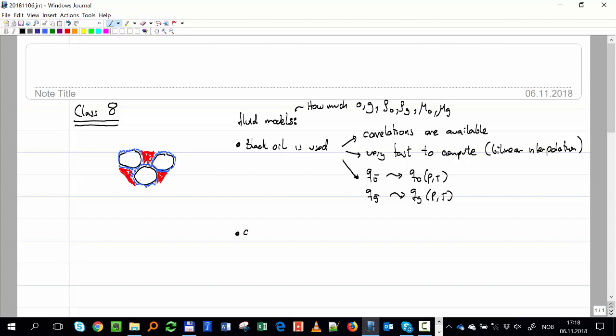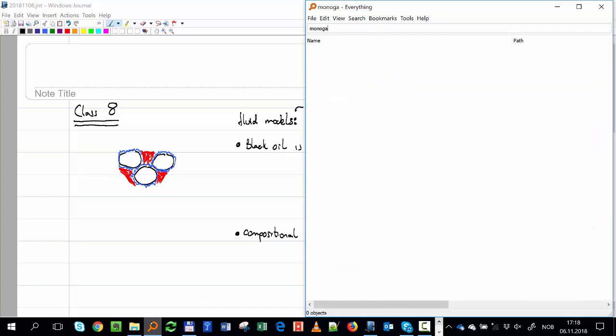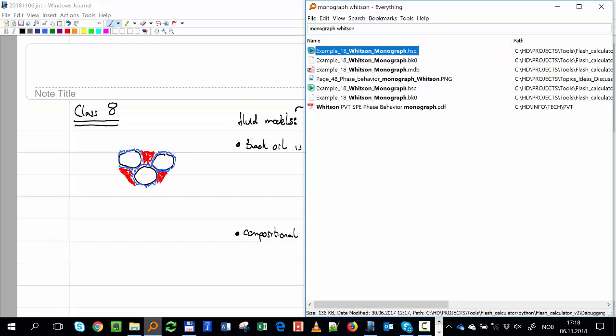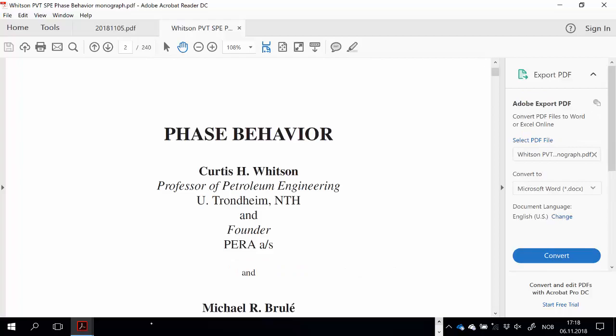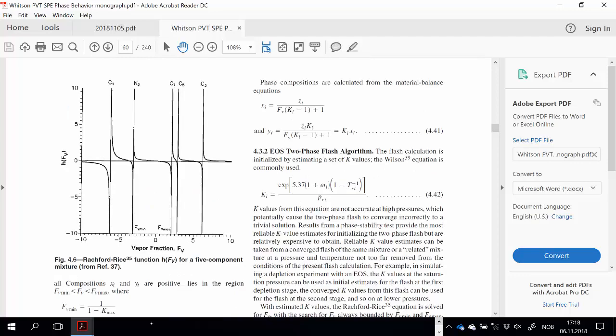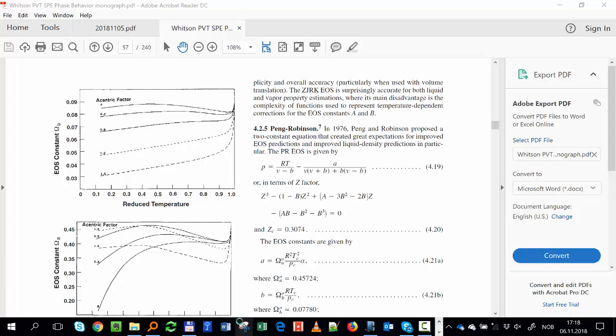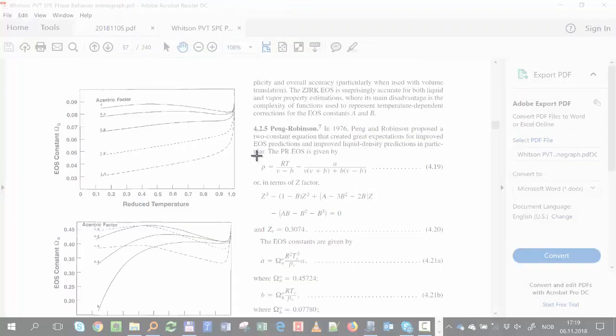And then the next step is a compositional model. We're going to cover this slightly later, maybe by tomorrow or the day after tomorrow.